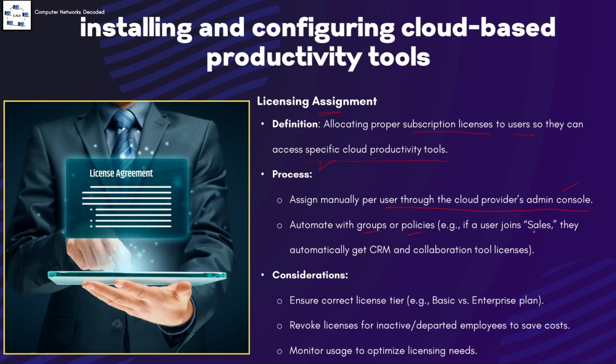For example, if a user joins the sales group, they automatically get CRM and collaboration tool licenses. Some considerations: ensure that the correct license tier is applied, for example, basic versus enterprise plan. Revoke licenses for inactive or departed employees to save cost, and monitor usage to optimize licensing needs.